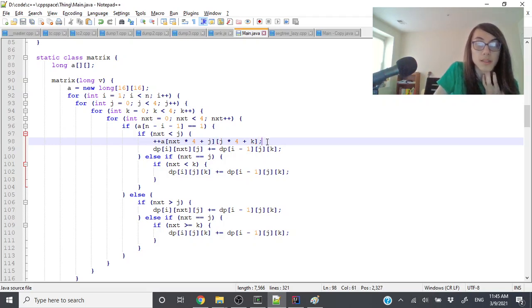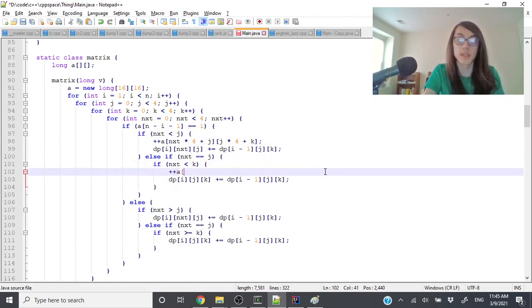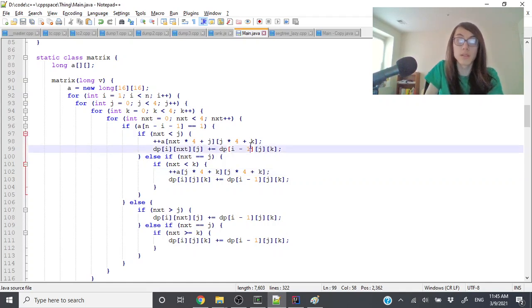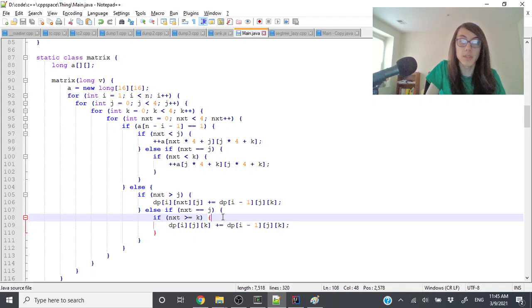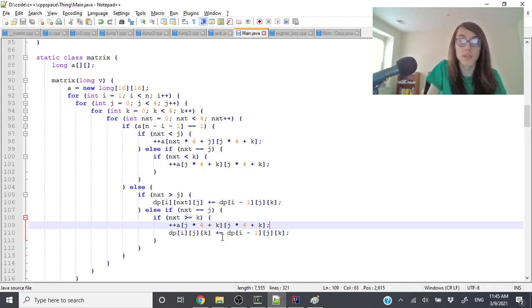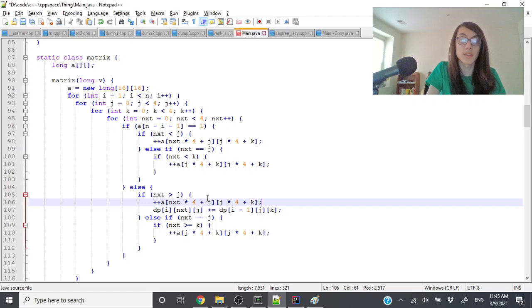This row relies on this column. Okay, now plus plus A, J times 4 plus K, J times 4 plus K. And this is the same thing. And this is the same thing.